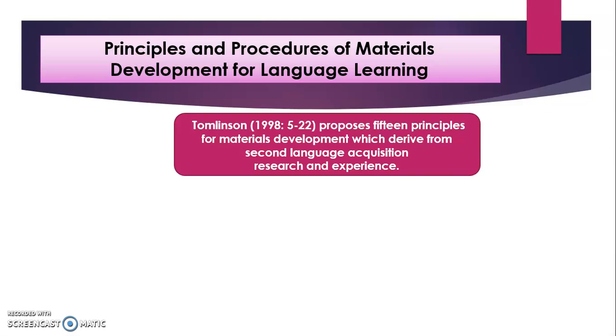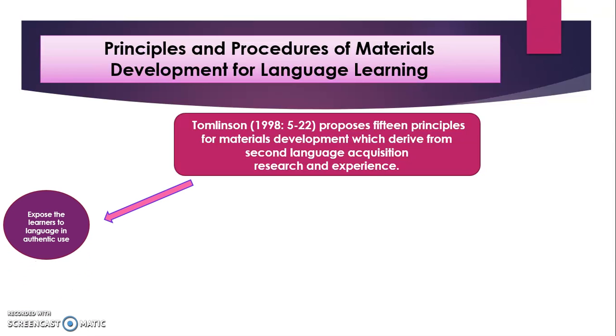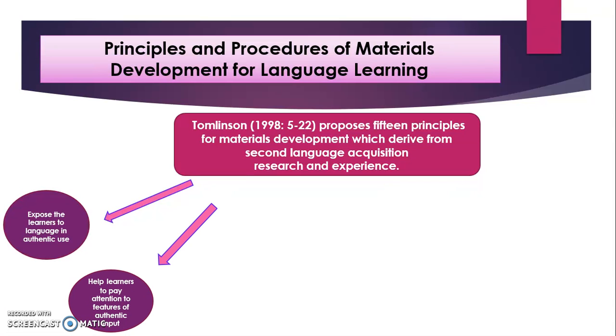Tomlinson, 1998, proposed 16 principles for material development which derive from second language acquisition research and experience. Expose the learner to language in authentic use. Help learners pay attention to features of authentic input.